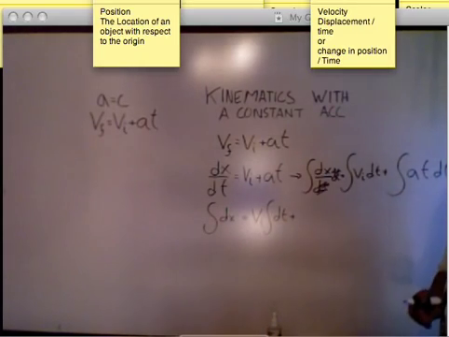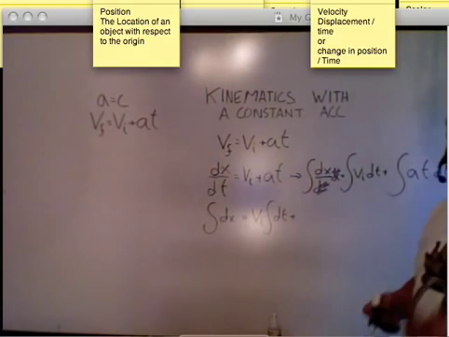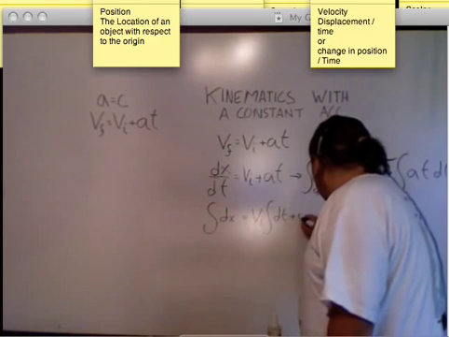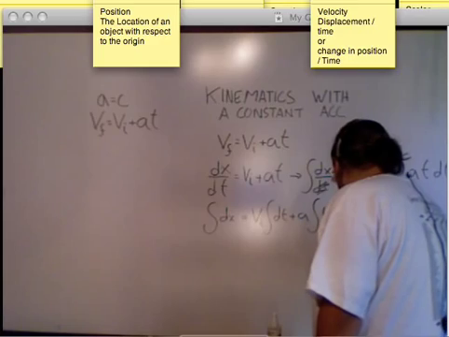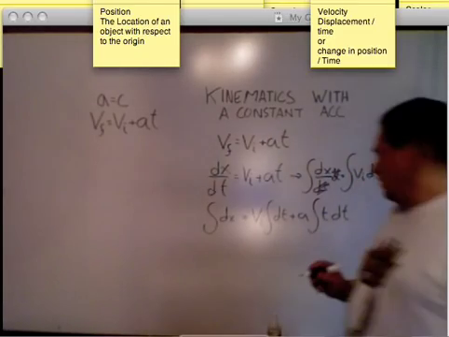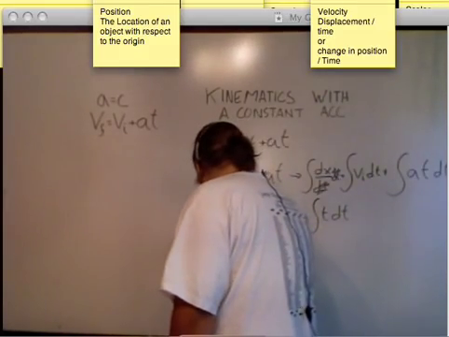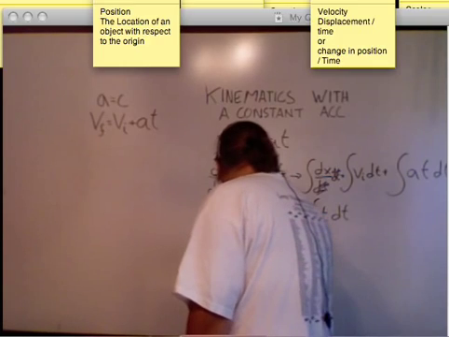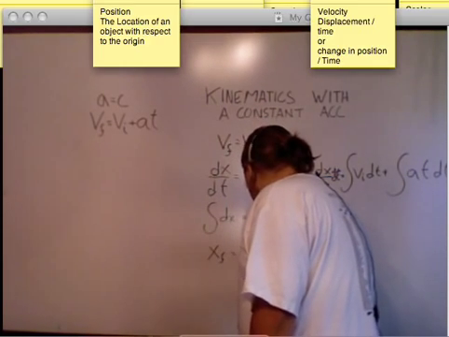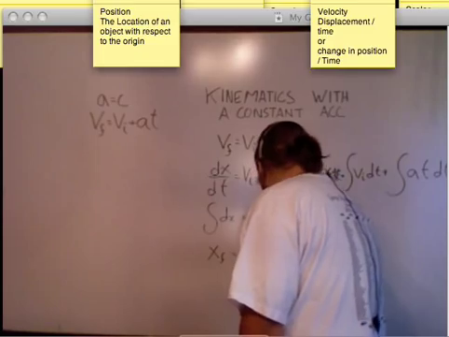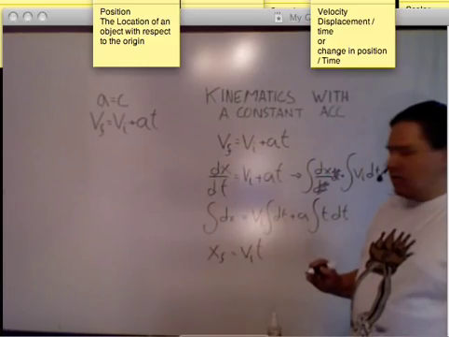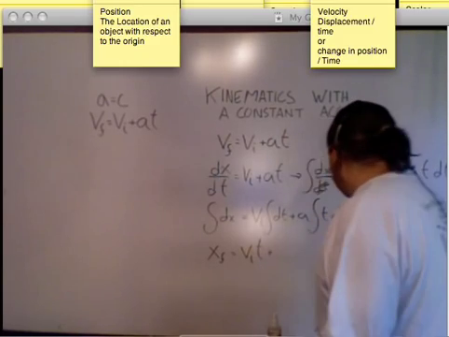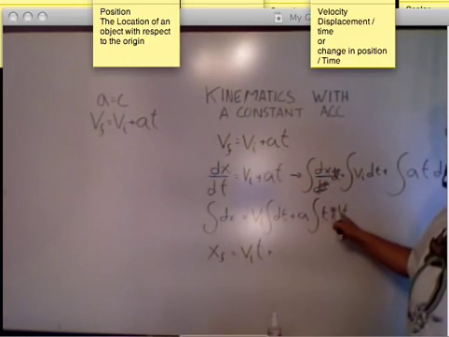But does time change with respect to time? Yes. Time keeps on increasing. So a times the integration of t dt. If I do the calculus on that, I'm going to get x final is equal to vi t, because when I take the integration of dt, I get t, plus, now I'm taking the integration of t with respect to t.